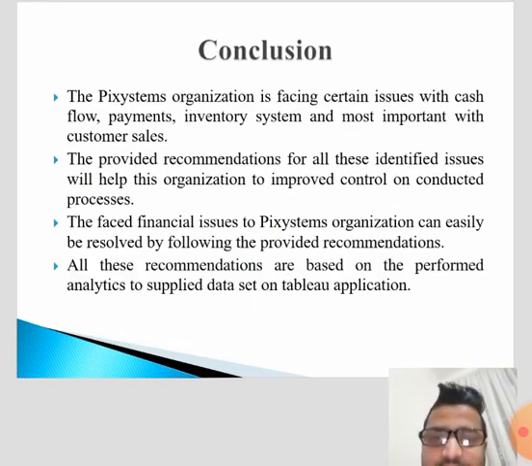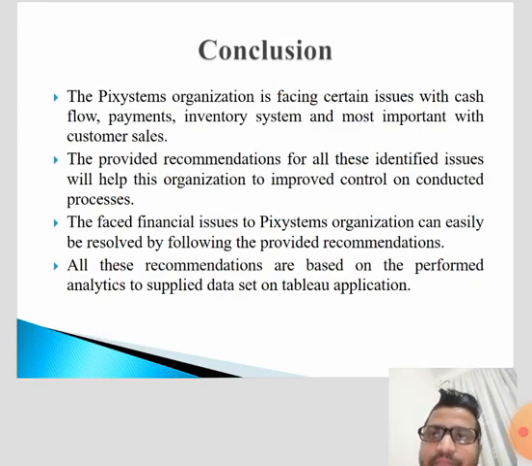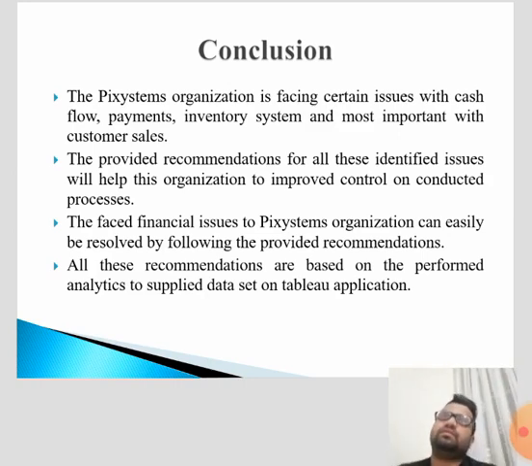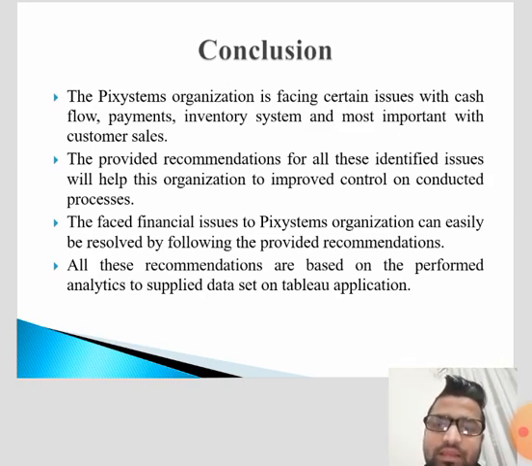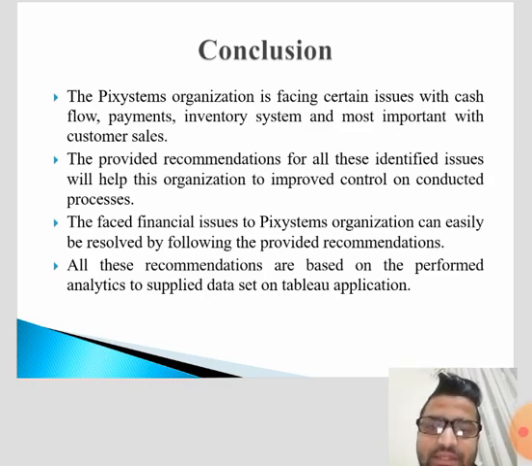Next we have the conclusion. In a nutshell, the Pixystems organization is facing certain issues with cash flow and payments, with its inventory systems, and, most important, with customer sales.